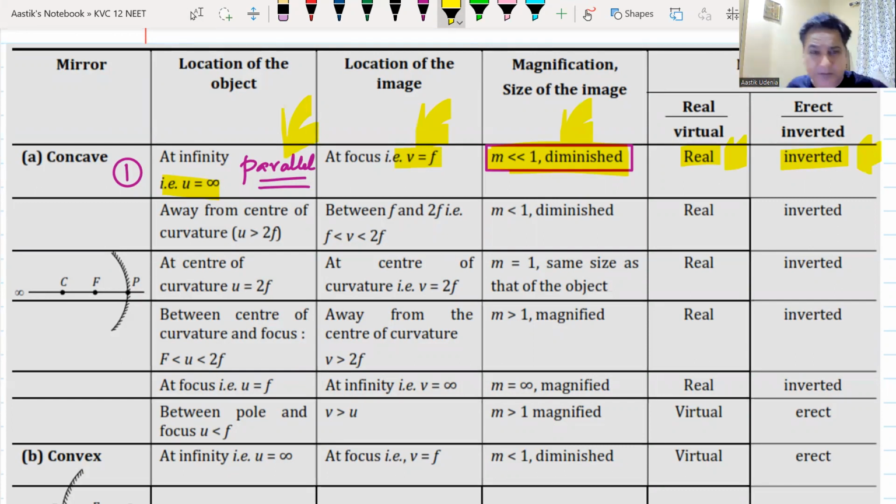Have you drawn this table? Are you noting it down? Yes or no? No, sir. Why are you not noting it down? Give me time, sir. I'll note it now. You were not present in the last class, beta? No, sir. I was absent.